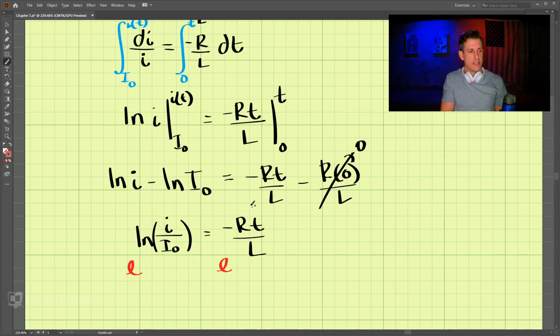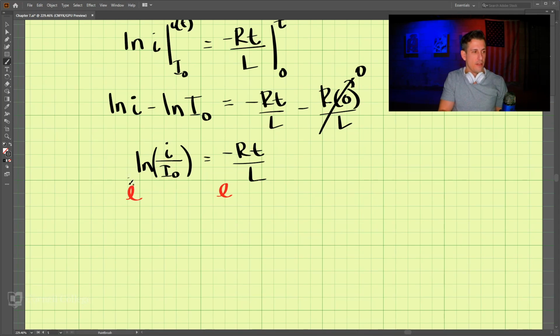We can take both sides to the e. We simplify those equations. This side just becomes I over I naught. And over here, we get e to the negative Rt divided by L.